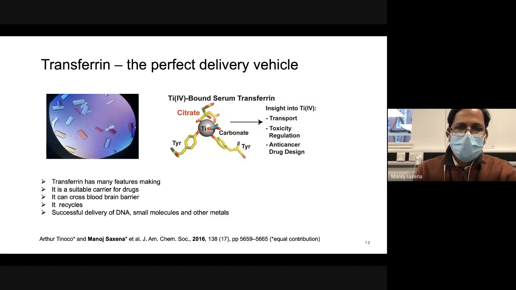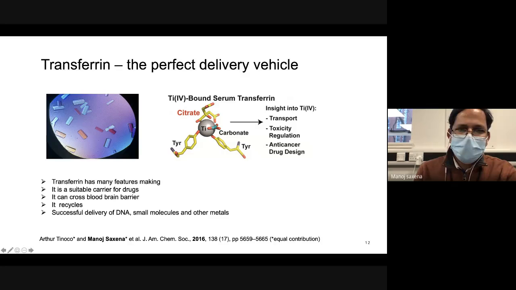It has also already been proven by different groups as well as by our studies that not only does it take its canonical load, which is iron, it can take other small metals, as well as deliver DNA and small molecules.